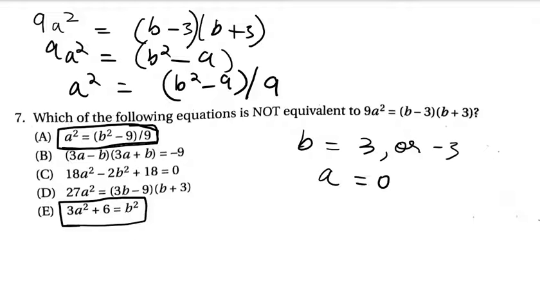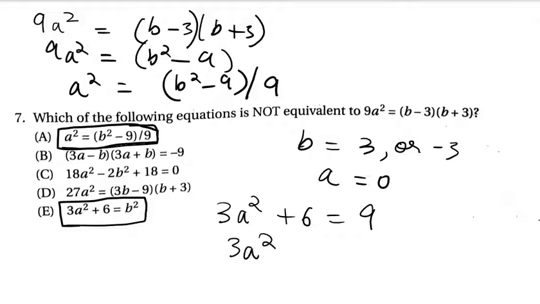So if you are going to put B as 3 or minus 3, let's say minus 3 if I put, so what will be A? If I put B as minus 3, this is going to be 9. So 3A square plus 6 is equal to 3 3s are 9.